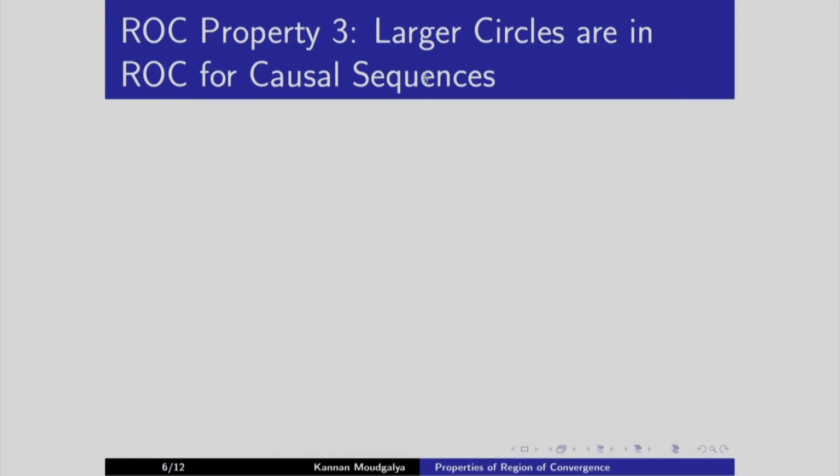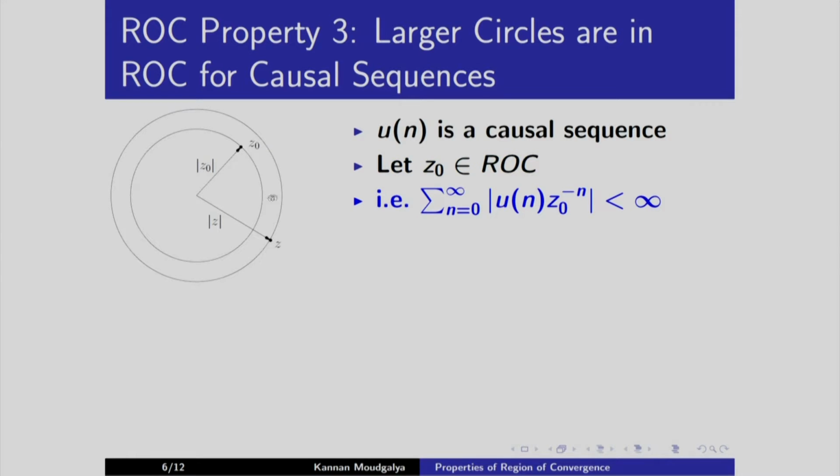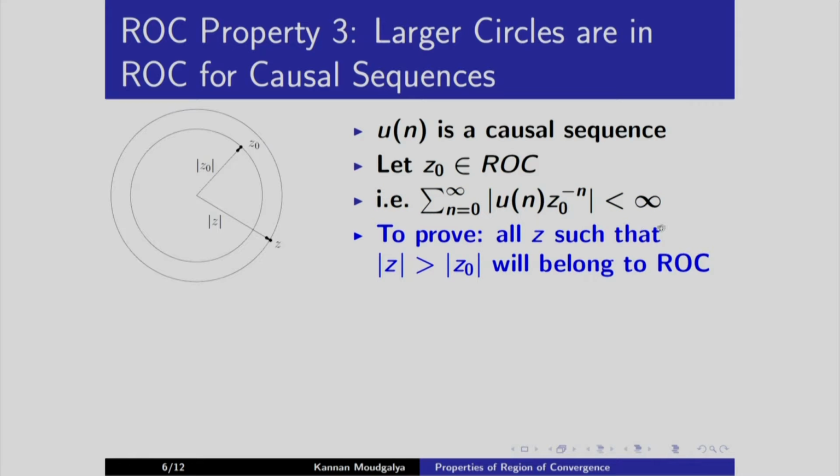The third property is larger circles are in ROC for causal sequences. What does it mean? Suppose u(n) is a causal sequence, let Z0 belong to region of convergence, so it is on one circle. Let us consider a larger circle. To prove: all Z such that |Z| greater than |Z0| will belong to region of convergence.